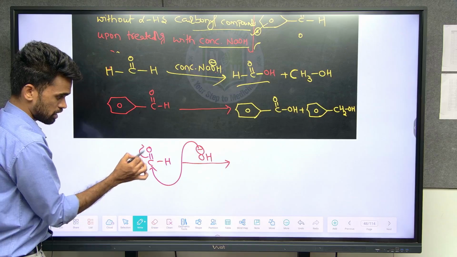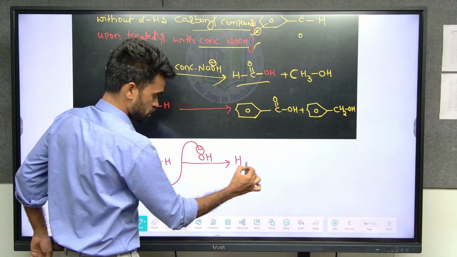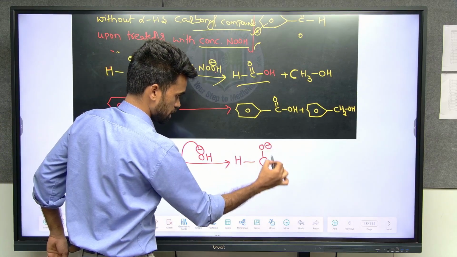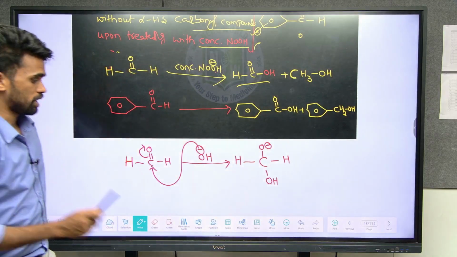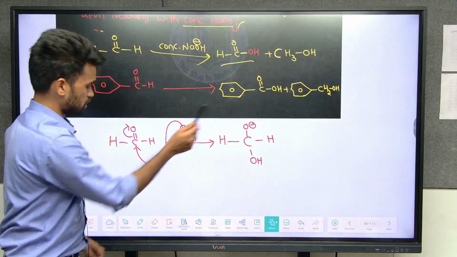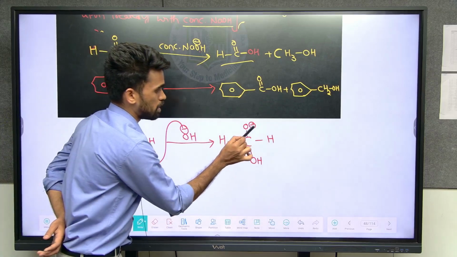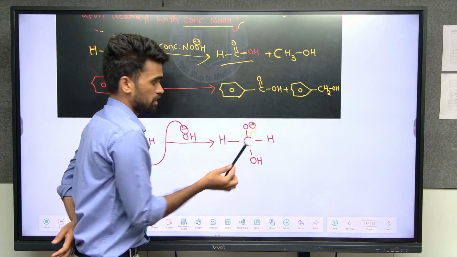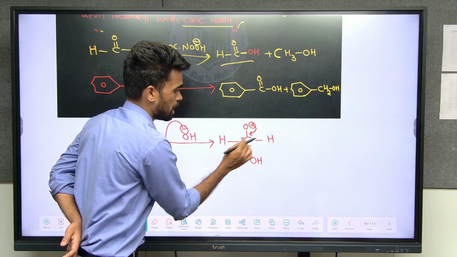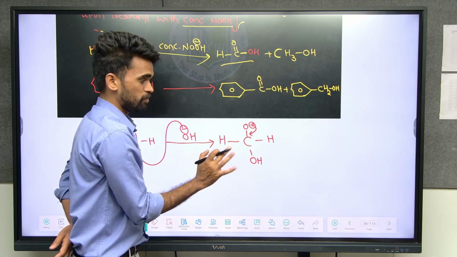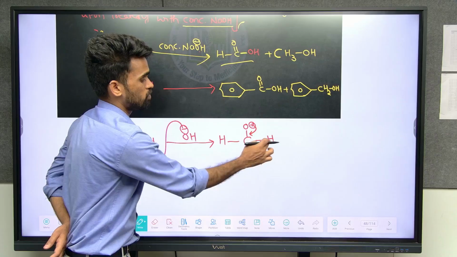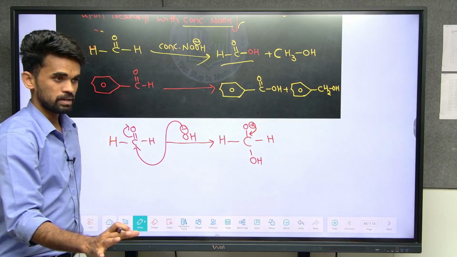So this oxygen converts into O minus, and the OH adds to carbon. After this, the oxygen with negative charge comes back to its original site. When it comes back, already 4 bonds are there. If this bond comes, it becomes a 5th bond. Carbon cannot hold 5 bonds, so one of the attached groups should come out. Which group comes out?